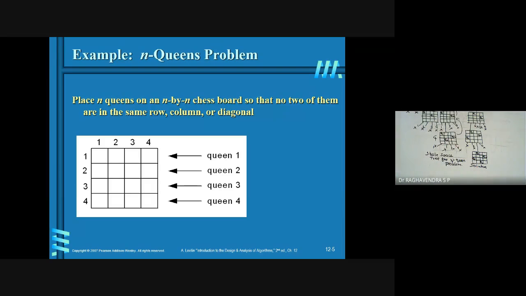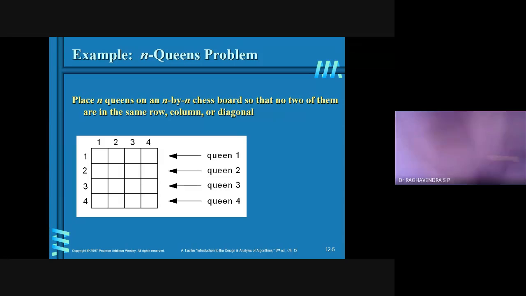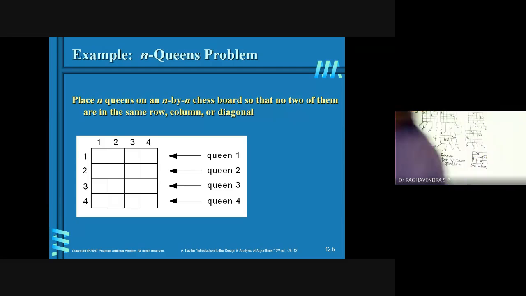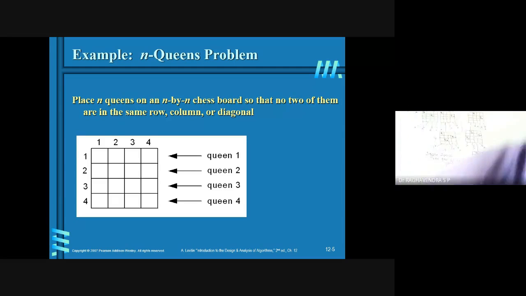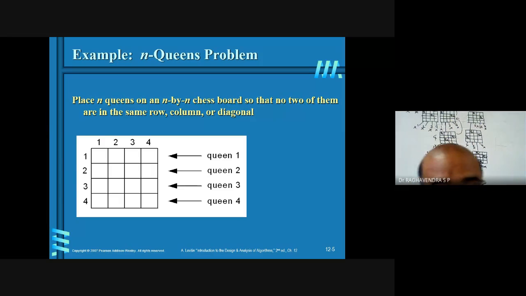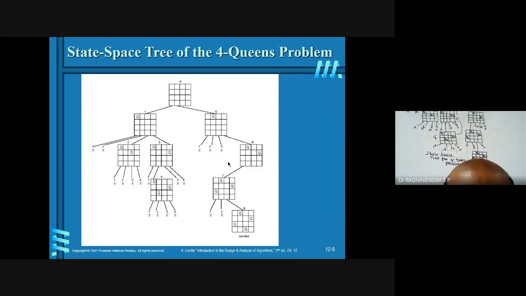Exam perspective is really important, so kindly note this down. This is the state space tree. What I have drawn on the board, the same state space tree you can see here also.